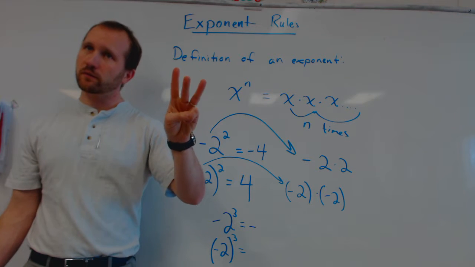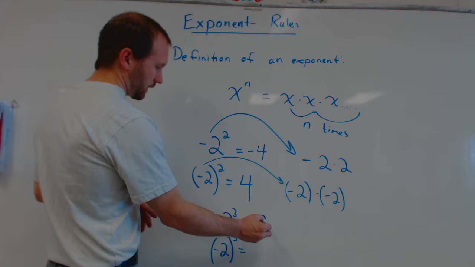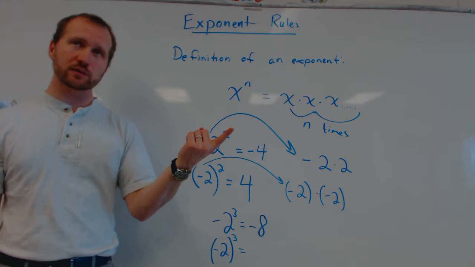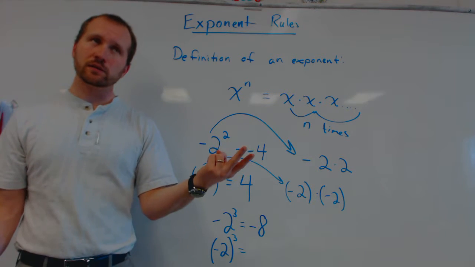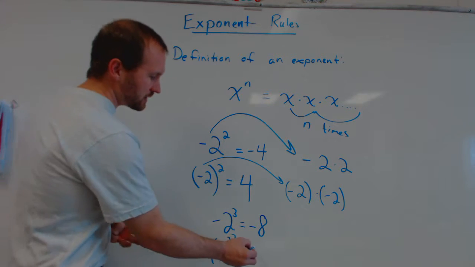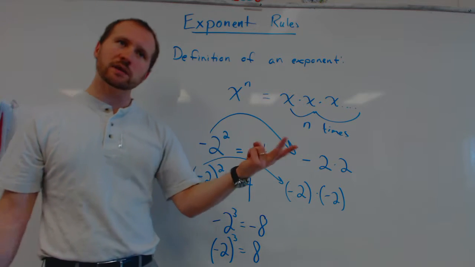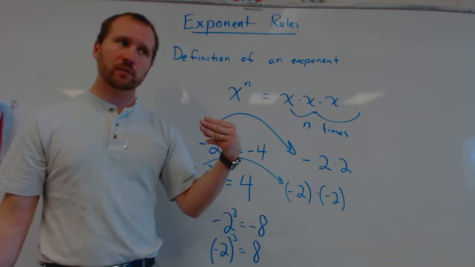So 2, 4, 8. Okay, negative 8. This one I have to do negative 2 times negative 2 times negative 2. Well, it's still going to be 8, but is it positive or negative? Negative. Yeah, because we have a negative times a negative, making a positive, and then a negative.